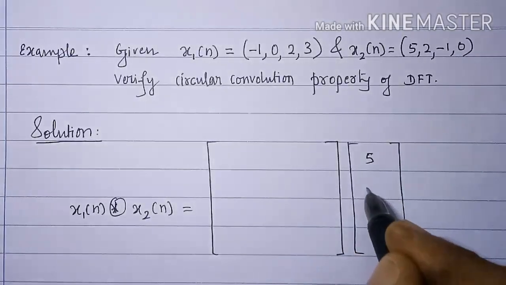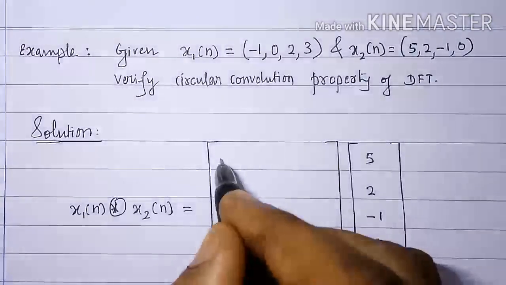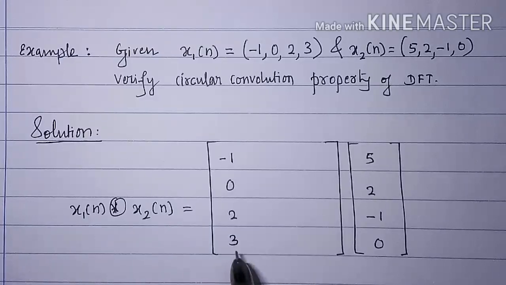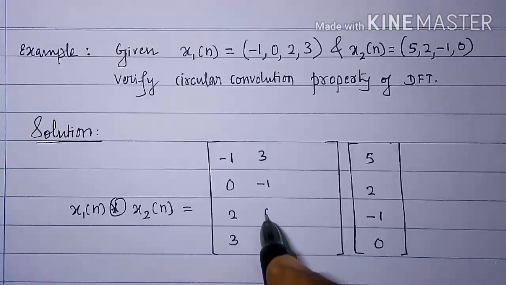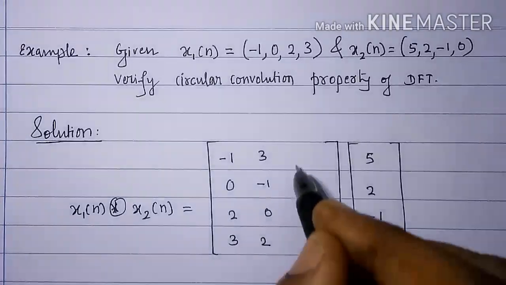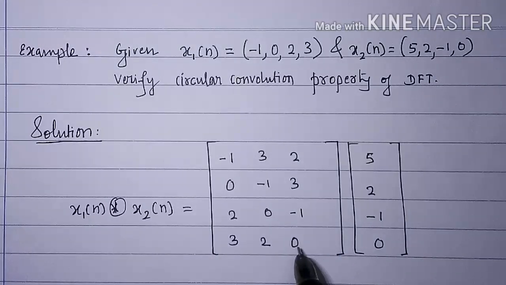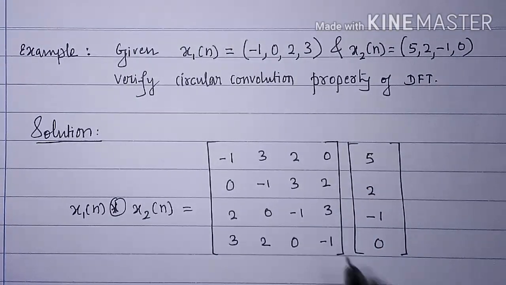So this is x2 of n here, 5, 2, -1, 0, and here we'll write -1, 0, 2, 3. Now this 3 will go here, -1, this 0 here, and this 2 here. Next 2, 3, -1, 0, 0, 2, 3, -1.